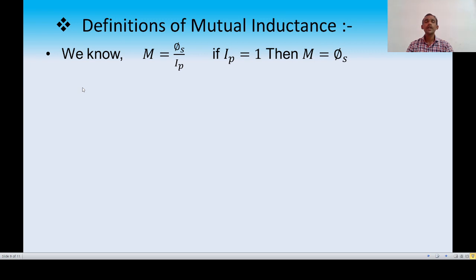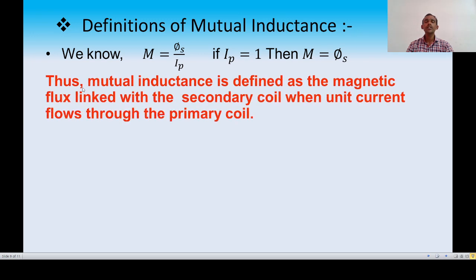Now, if IP is equal to 1 ampere, that is, the current flowing through the primary coil is 1 ampere, then M is equal to phi s. From this, we can define the mutual inductance as the magnetic flux linked with the secondary coil when unit current flows in the primary coil.